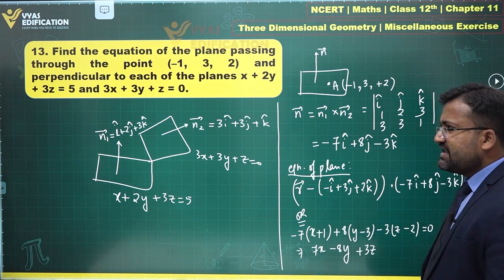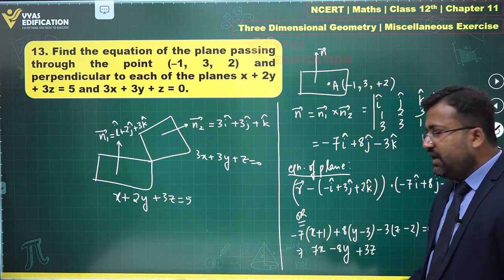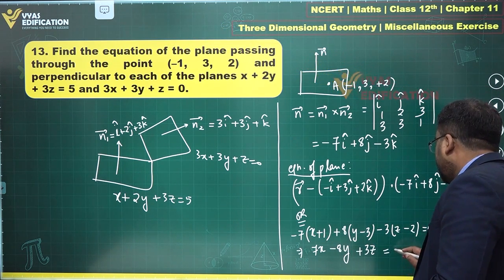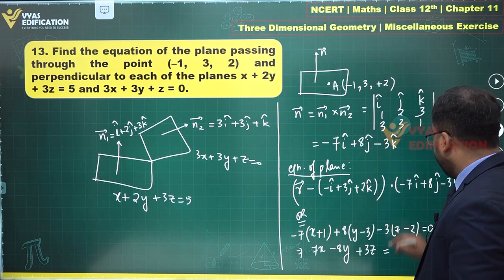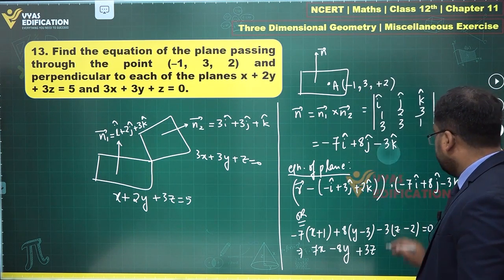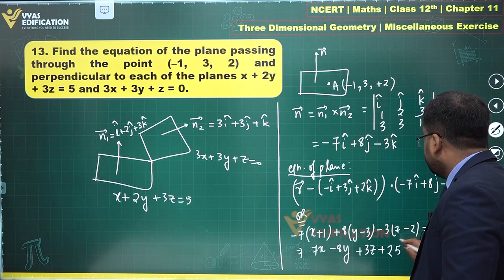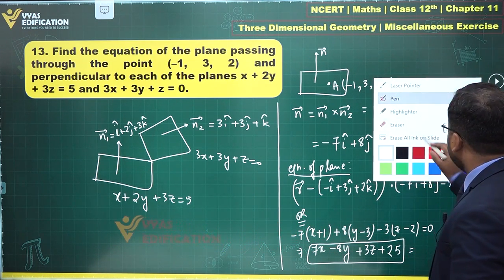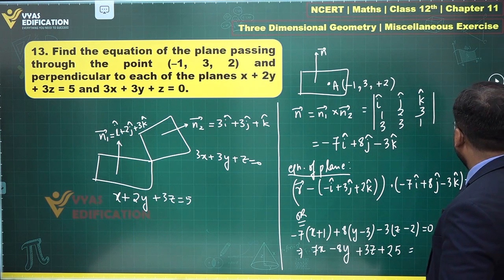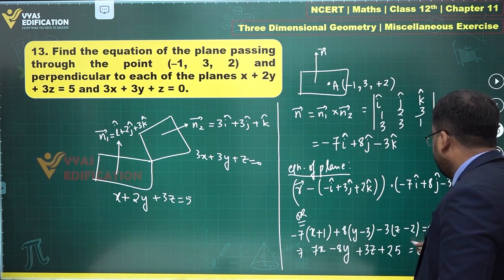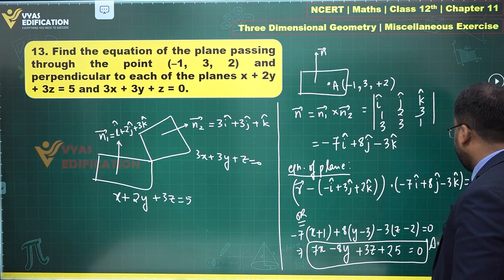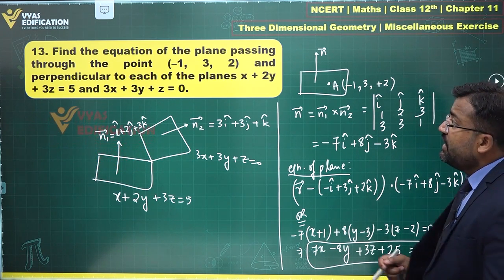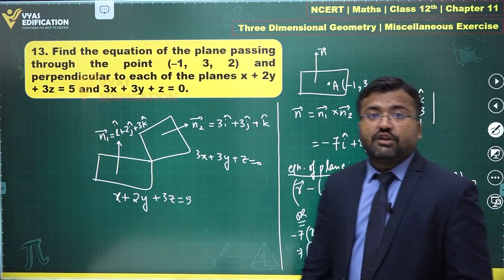So minus 24 plus 6 is minus 18, minus 7 will be minus 25 on this side, and let's take it over there, this becomes plus 25. Equals 0. Yes, this equals 0. That's my required answer. This is the vector form, and this is the Cartesian form of the required equation of plane.